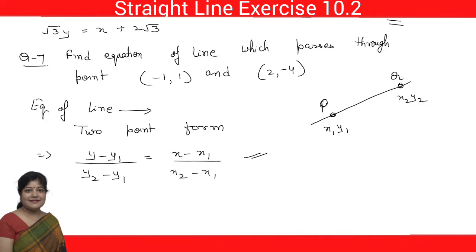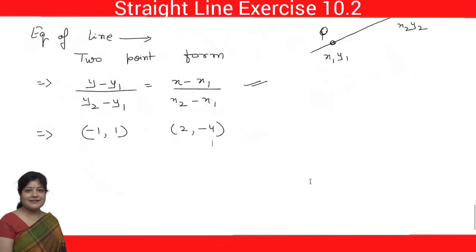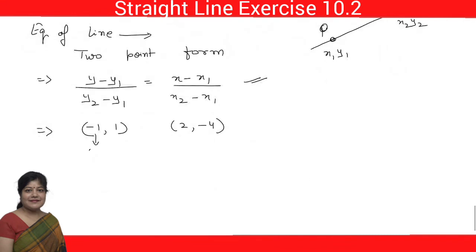Now from here we have minus 1, 1 and 2 comma minus 4. Now I substitute the values. This is x1, this is y1. Write like this, otherwise in a hurry the answer will be wrong.